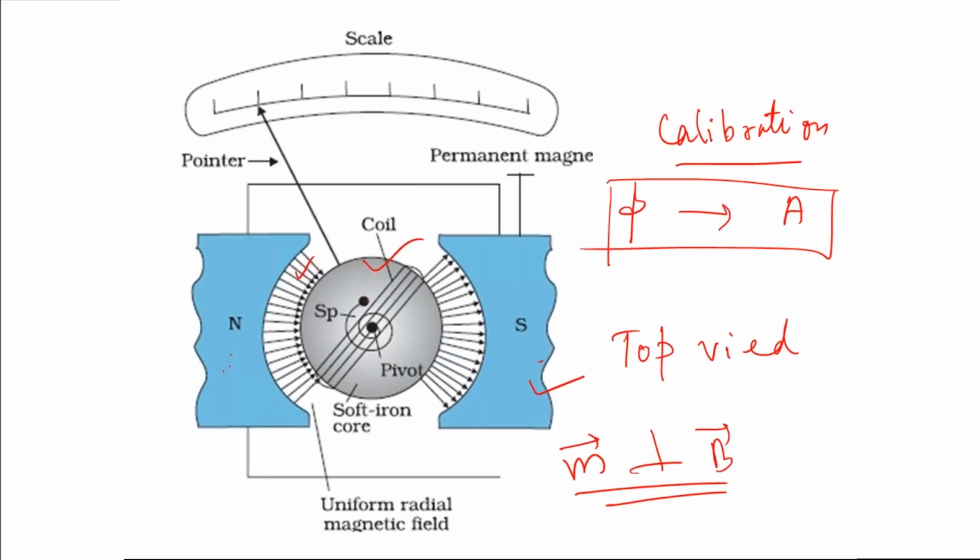See, this coil has many turns. Suppose I have N number of turns, and there is a current I in each coil, and each coil has area A, then this is the magnitude of the magnetic dipole moment, M equals N I A. And as I said, these two are perpendicular according to our construction, so the angle between them is 90 degree.